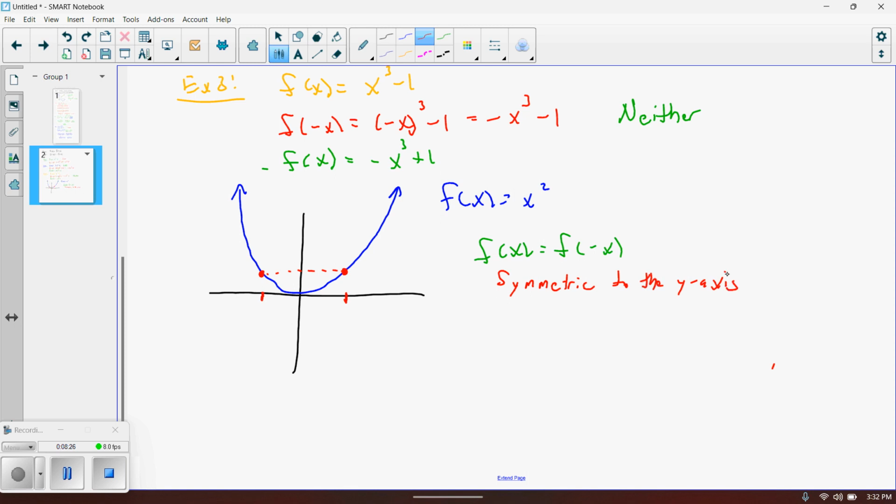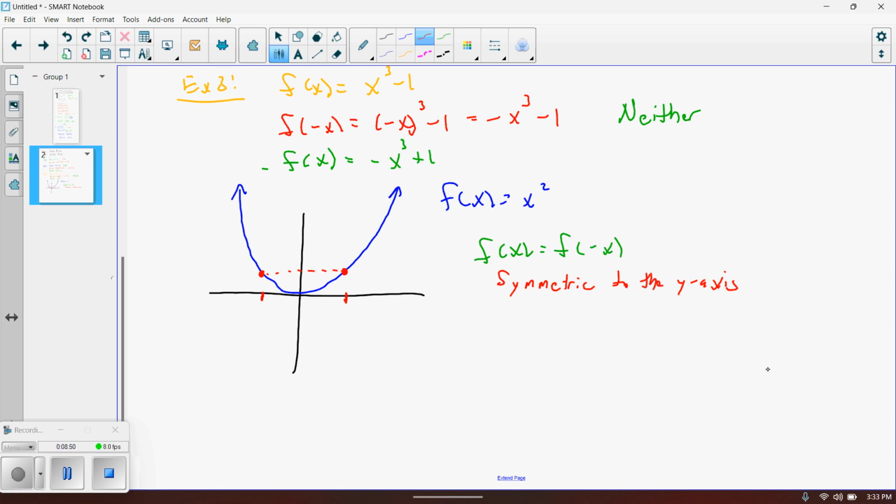So graphically, that's what you are looking for in an even function. It must be symmetric to the y-axis. Knowing your graphs of functions really will help in order to determine whether something is even or odd. Showing it algebraically isn't always the easiest thing to do, but at least you'll know this is supposed to come out this way if you know the graphs.